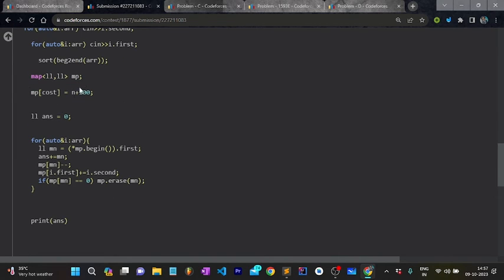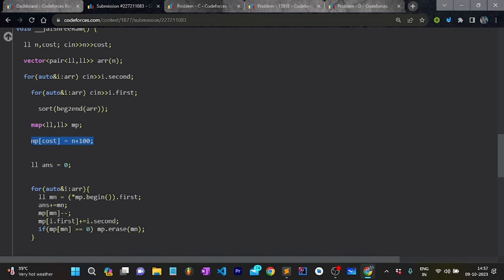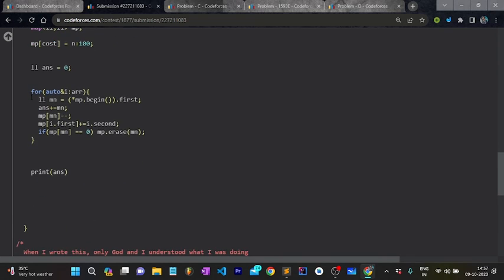Then I'm taking a map. So this is just the cost of the park which will just be maintained in the map, that park can share using this particular cost this number of persons you can share the announcement. After that, I'm just simulating the process that I have discussed in the prose part.